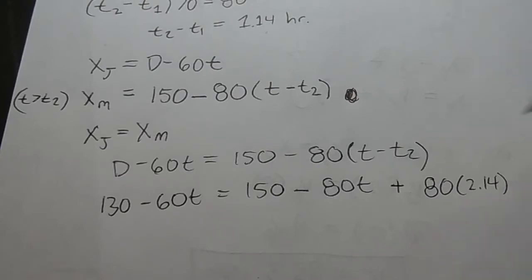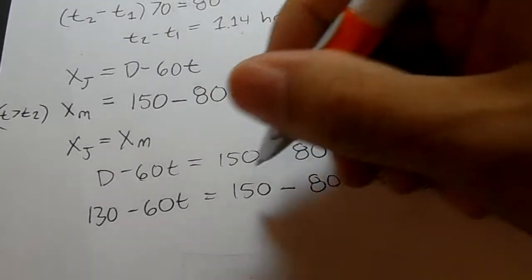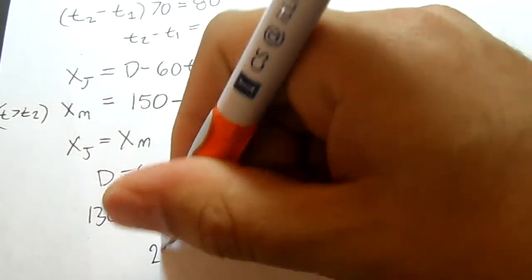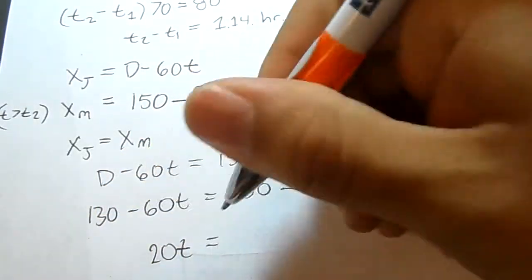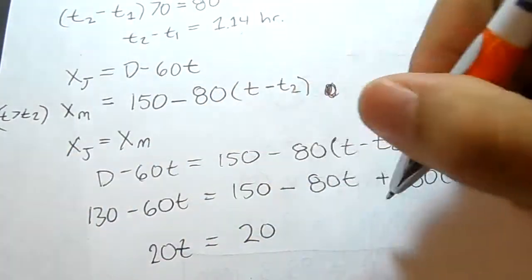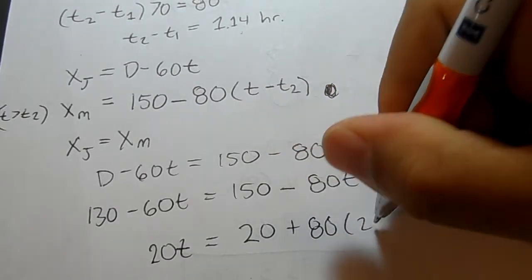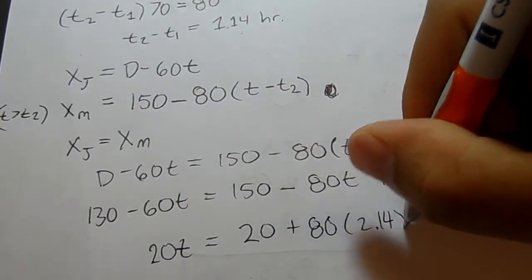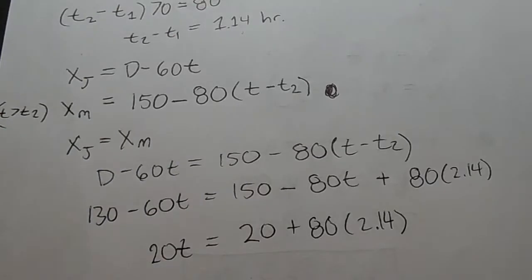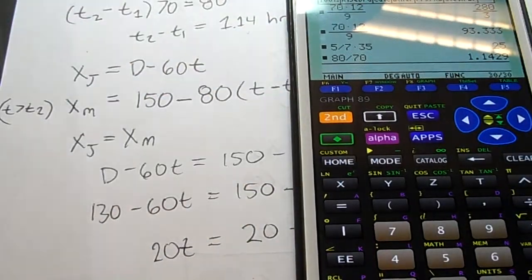I'm going to collect all my similar variables, so add 80t to both sides. 20t is equal to 20, that's subtracting 130 from both sides, plus 80 times 2.14. And now I'll grab my handy calculator, do some quick math.